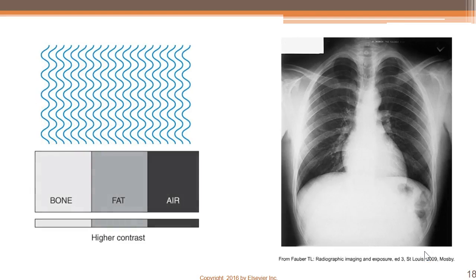The chest is composed of tissues that vary greatly also, and so the chest x-ray is one that's really nice to look at because we have air, which is going to show up as almost black. Then we have fat that's kind of gray, and when we say fat, we're not talking just obesity fat. Any type of skin that's out here is more gray. And then you have bone, which is basically white.